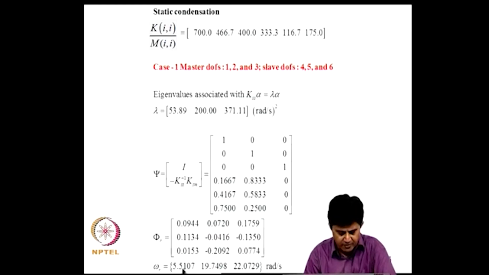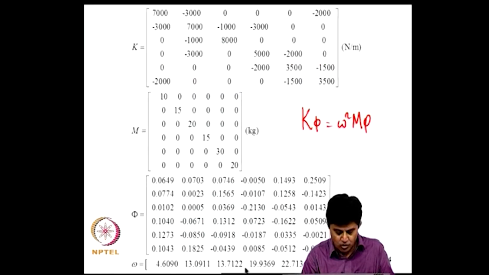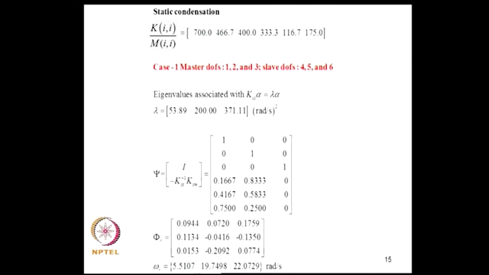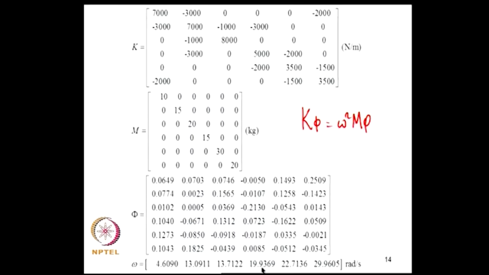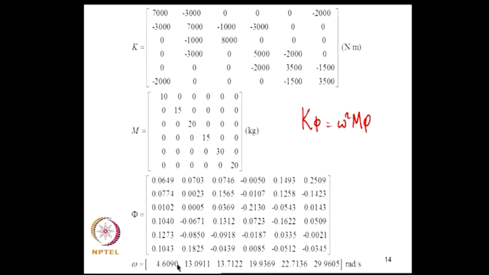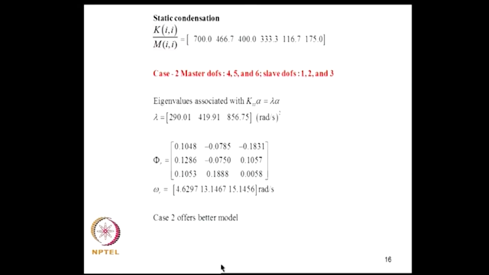Now the 3 natural frequencies we are getting as 5.5, 19.7 and 22.07. So if you go here and see, this is 4.6, 13, 13, 19, 22 and 29. So 2 of these frequencies seem to be giving reasonable answers, but the first 3 modes are not captured well.